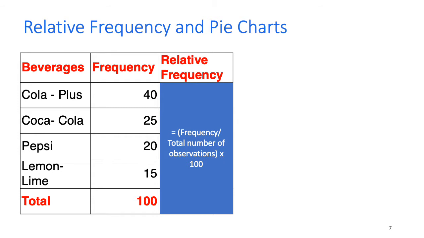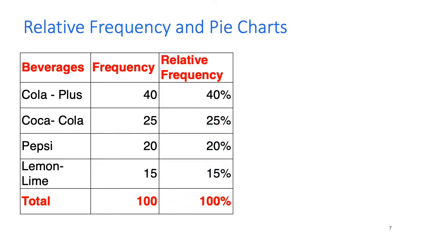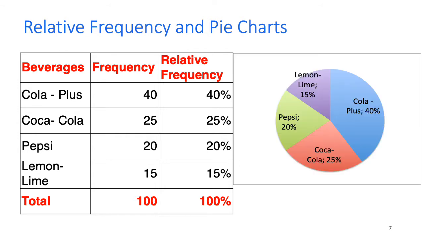If you want to convert it into percent, you will want to multiply it by 100. In the case of Cola Plus, we had 40 people that preferred it over 100, and that as a percentage becomes 40%. So we have 40%, 25%, 20, and 15. And then we have this resulting pie chart.